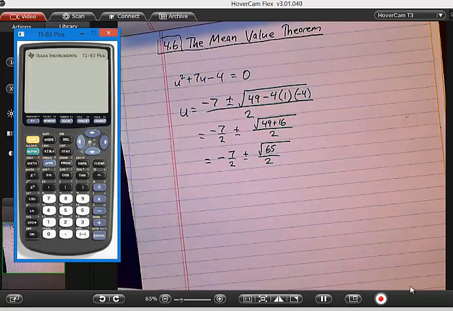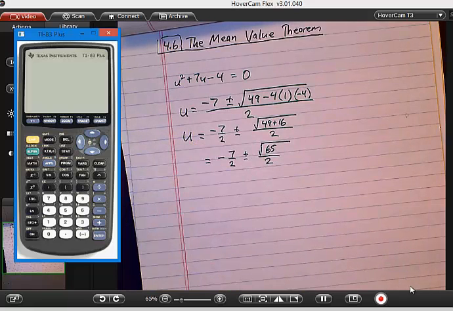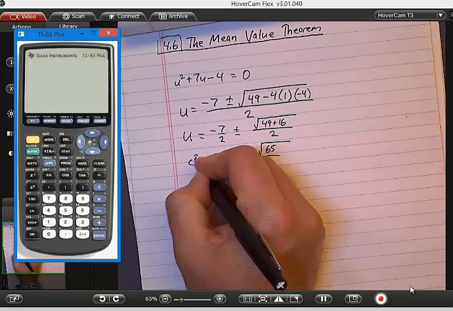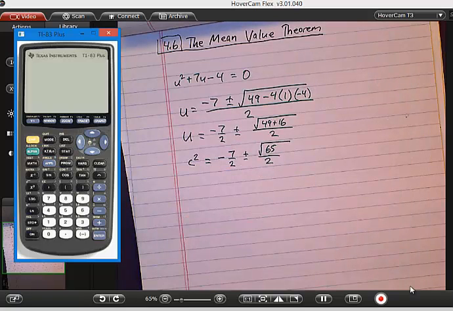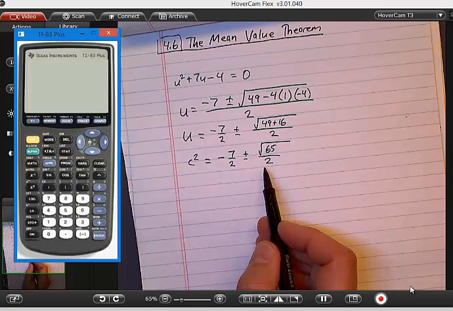Now, remember this is u, right? But what did u replace? u was a substitution for what? c squared. That's right. Now, if I write down c squared, we're trying to keep it real. So c squared has to be positive, right? So I claim the one I want is the plus, not the minus. If I put a minus, they're both negative, right?